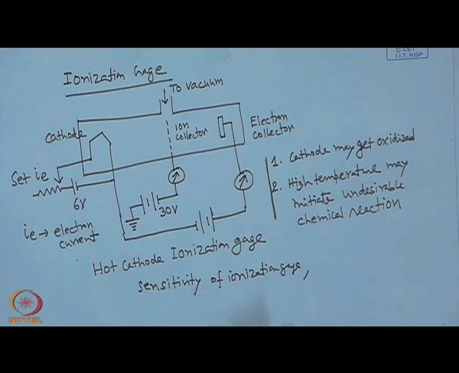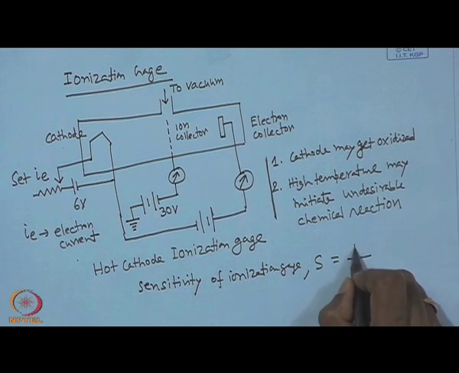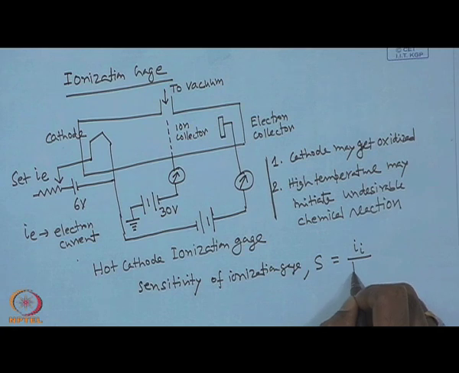The sensitivity of the ionization gauge is typically represented by ion current in the numerator and pressure times electron current in the denominator.